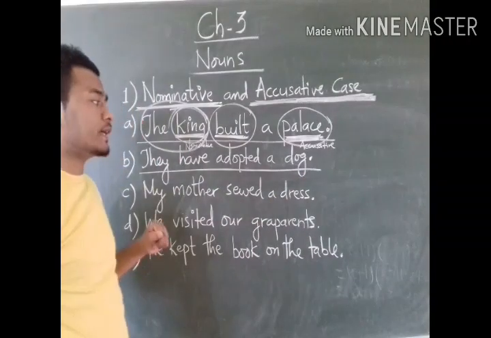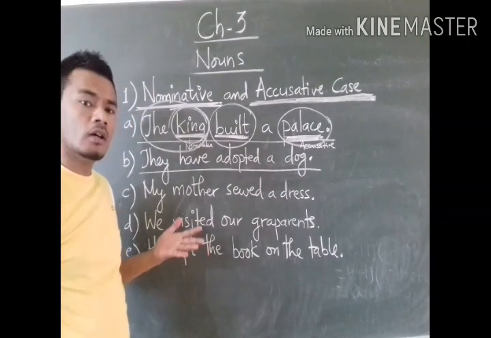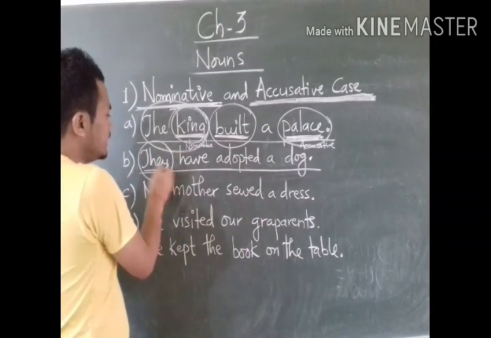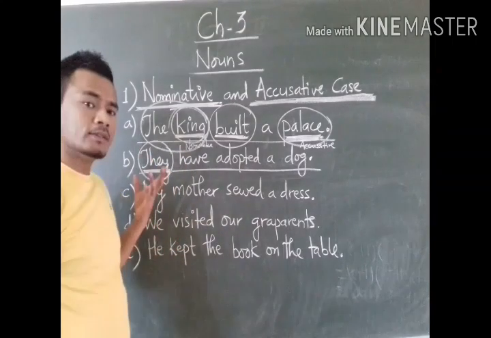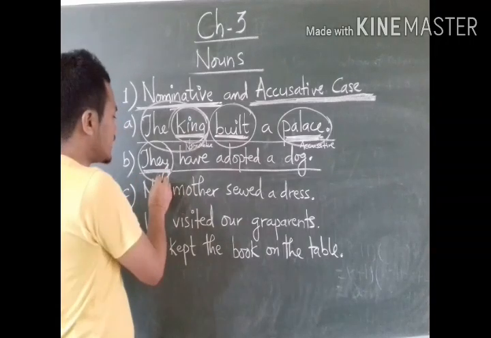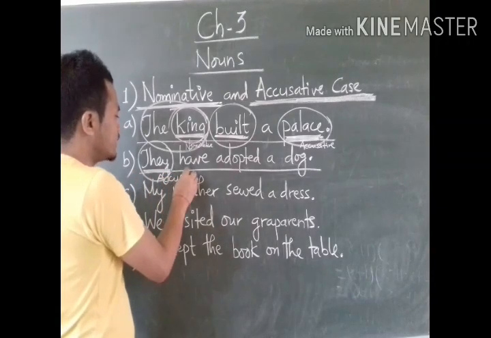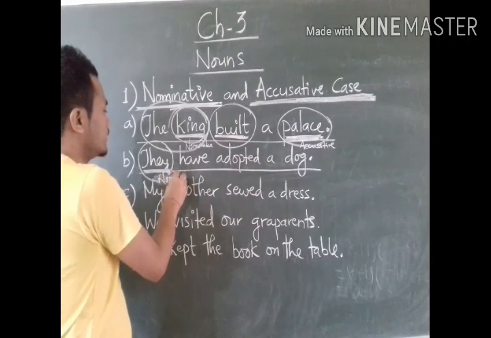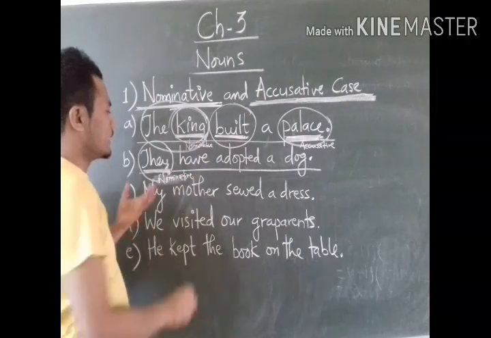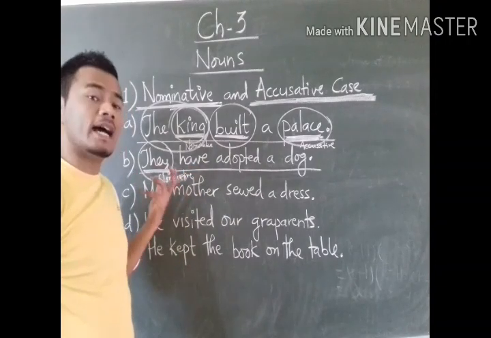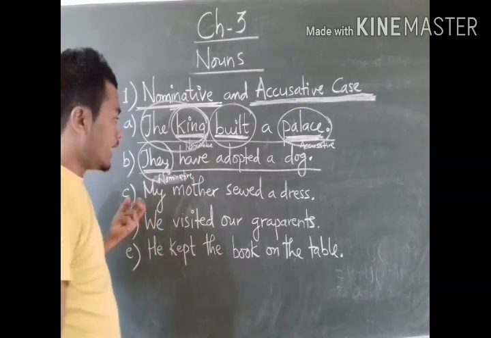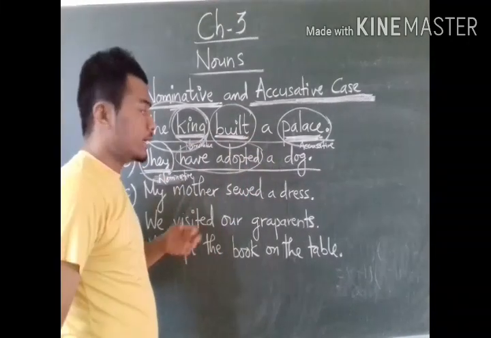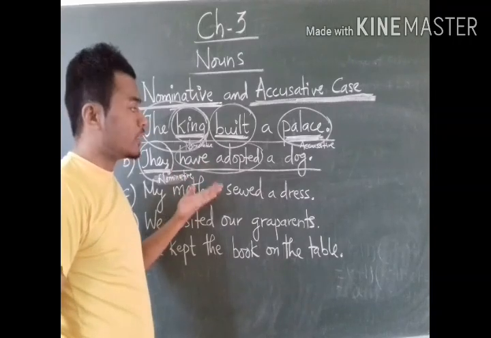Now come to the second sentence. They have adopted a dog. The sentence is about they. The single-word pronoun is in nominative case, because here this pronoun is used as a subject. And what have they done? They have adopted, the action word. They have done the action of adopting.